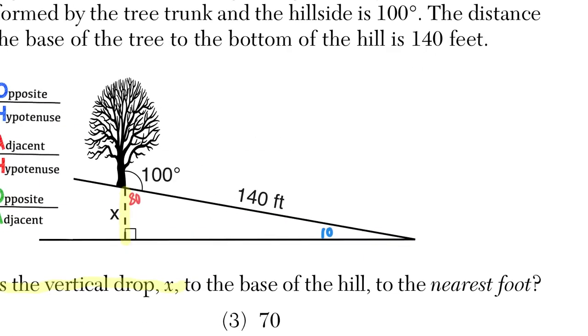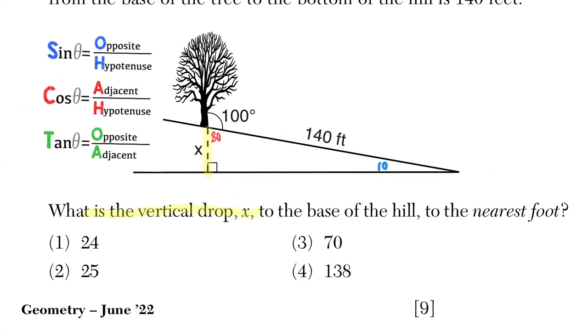All right, so let's set this up. If we're going to be thinking about it from this perspective, what is the relationship to 10 degrees between x, which is our objective, and this side right here? This is 140 feet. Well, I recognize that x is opposite, and 140 is always the hypotenuse because it's opposite that right angle.